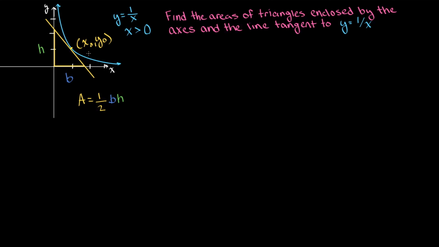We need to come up with a tangent line. So let's go over how to construct a general tangent line, and we're going to construct it at x naught, y naught.